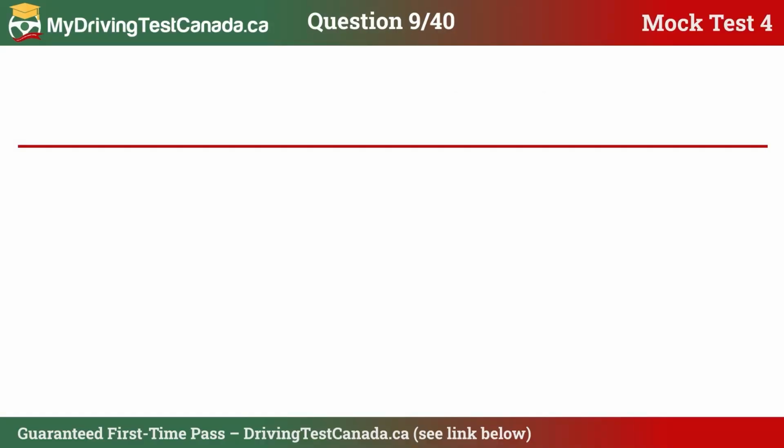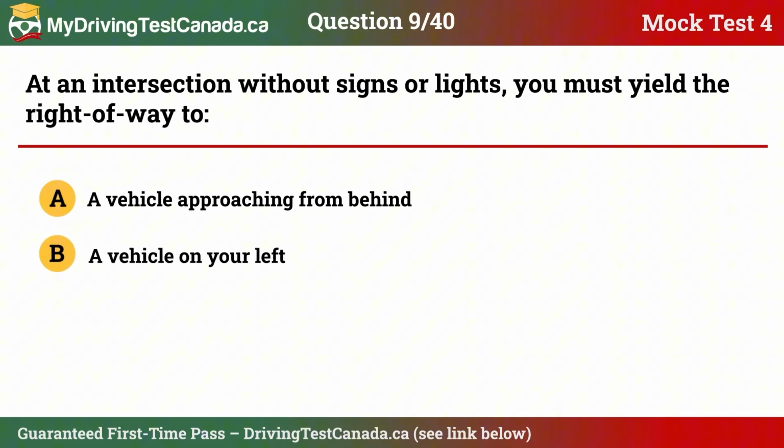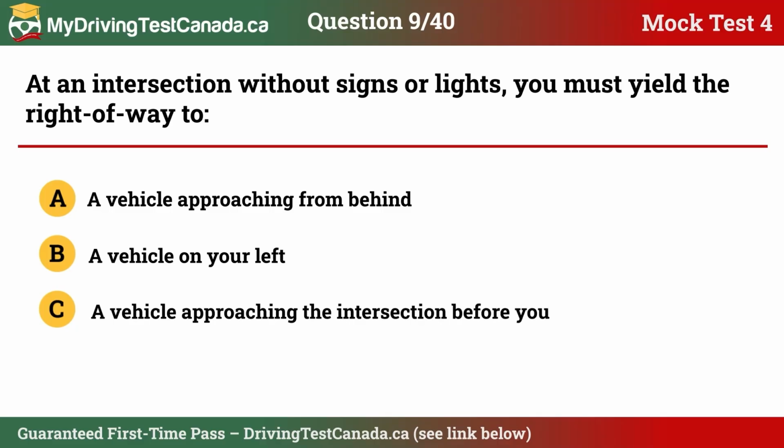Question 9. At an intersection without signs or lights, you must yield the right-of-way to A. A vehicle approaching from behind. B. A vehicle on your left. C. A vehicle approaching the intersection before you. D. All of the above.